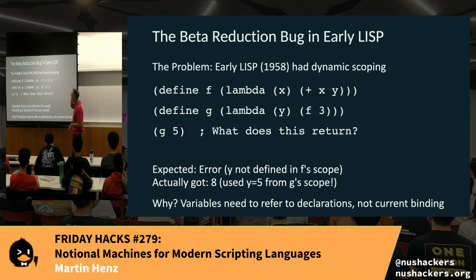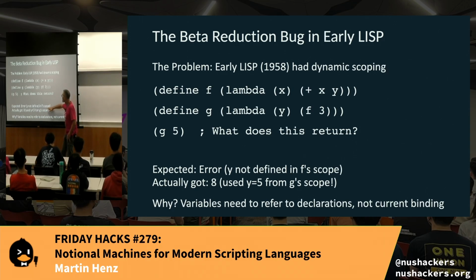But the pioneers of this Lisp family of languages didn't actually fully understand what it means for a name to refer to a declaration. So they built in what is called dynamic scoping.